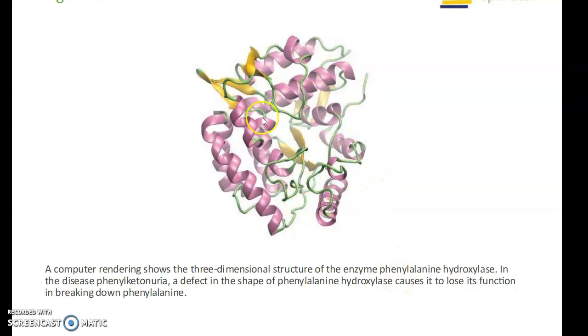A defect in it causes it to lose its function, so it can't break down phenylalanine. People who have a problem with this are the only ones who would have a problem with the sweeteners that are used in most of the sodas.